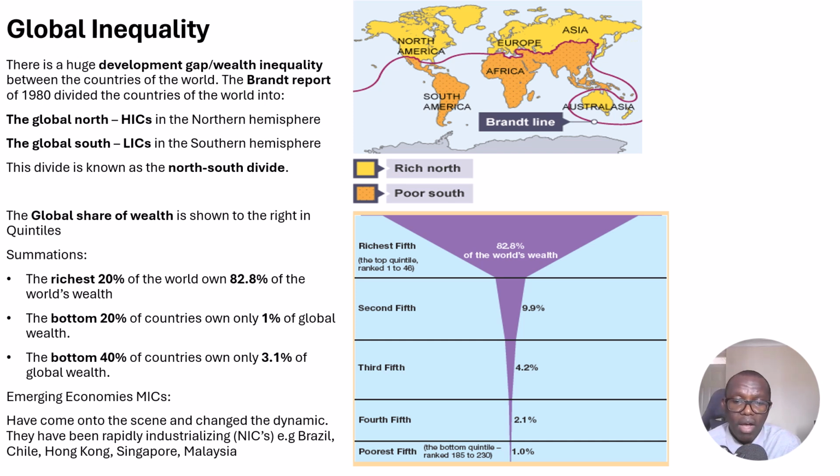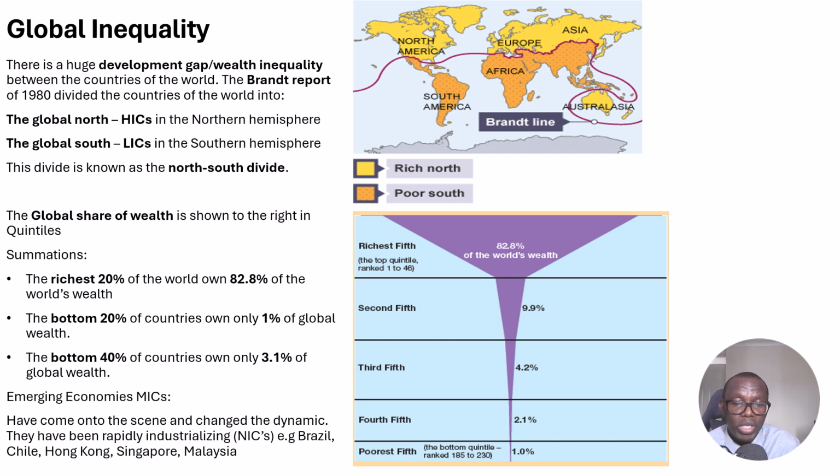So we have the richest 20% of countries in the world at the top here, and those countries own 82.8% of the world's wealth. Now, that is quite significant, because obviously it shows that the richest fifth of countries in the world own the majority of the wealth, so 82.8%.